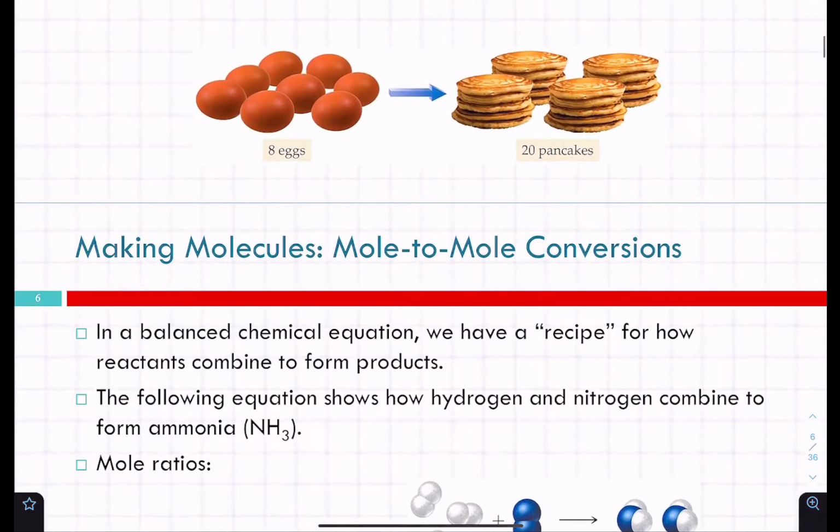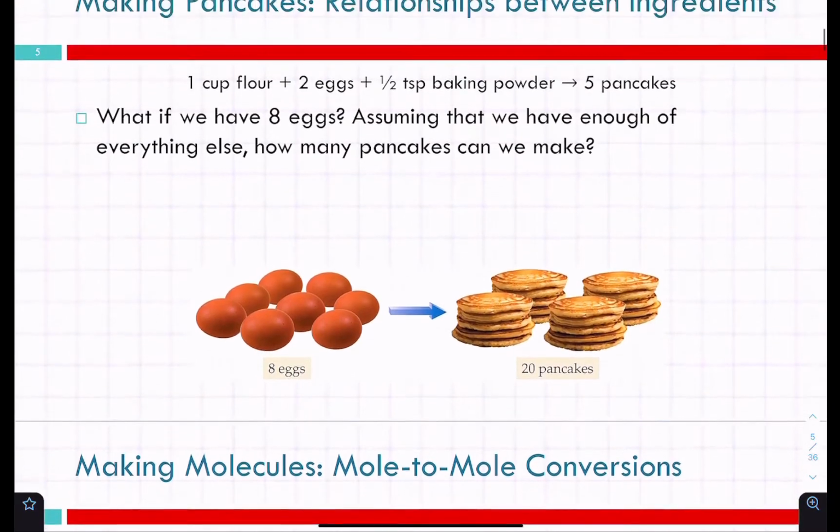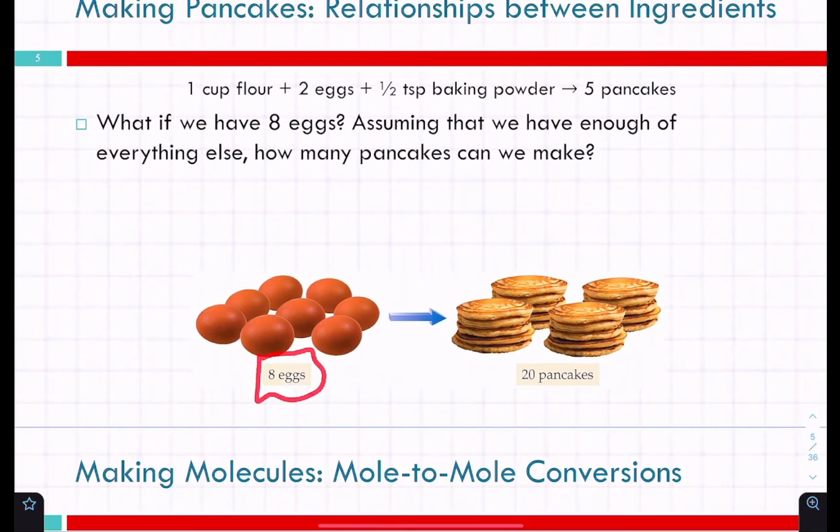We're going to come back to that. If we have 8 eggs but didn't have enough flour, then we would be limited by the amount of flour that we have, and we'd have to look at that instead to figure out how many pancakes we could make. So we'll plant that seed for later.